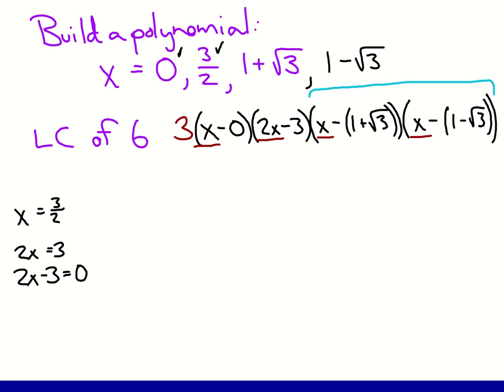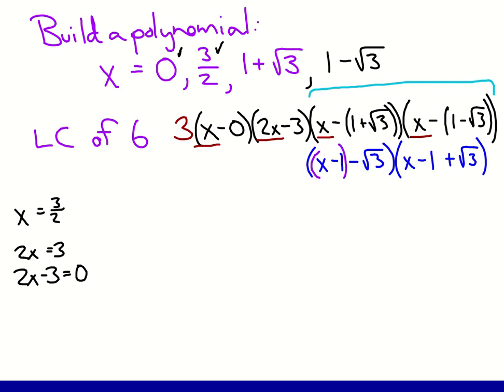Or we can rearrange it, which is a bit of a magic trick. I'm going to rearrange this by distributing the negative. This would be x minus 1 minus root 3, and over here I'd have x minus 1 plus root 3. And I can regroup these.